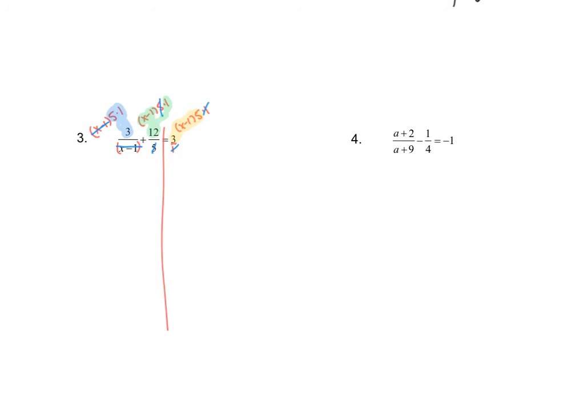Okay, so here I have 5 times 3 times 1. That's 15 plus. Now this is 12 times x minus 1 in parentheses. And this over here is 15 times x minus 1.